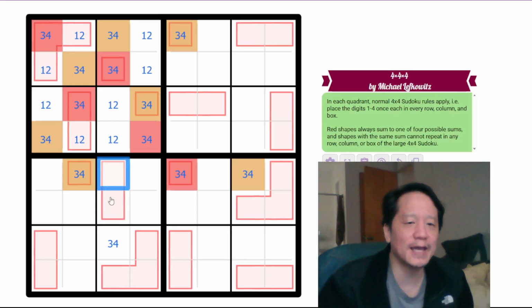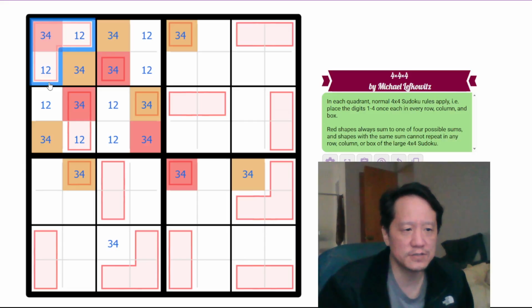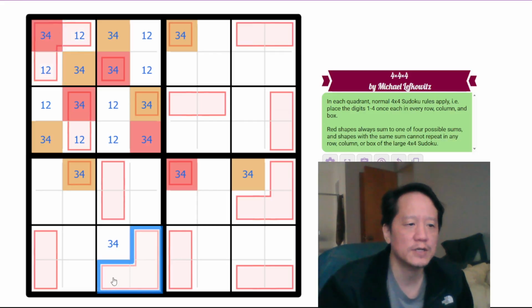So since this can't be 3 and 4, it can never add up to the same sum as this. Right? Because if this were 1, 2, and 3, well, this must then be 1, 2, or 3, because this has to be 5, right? These are unique sums here. If this is 6, that forces this to be 5.